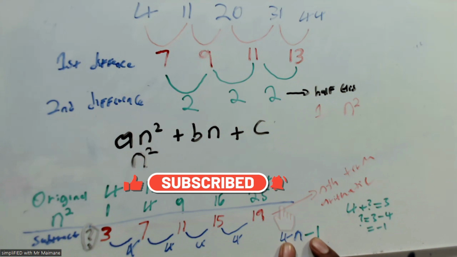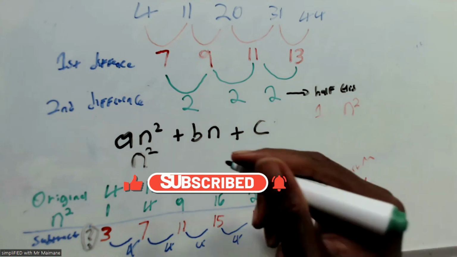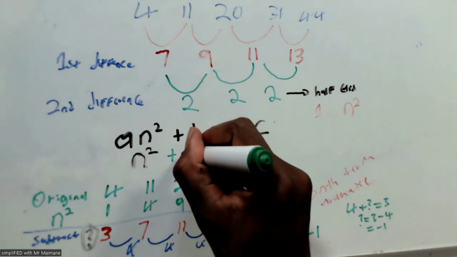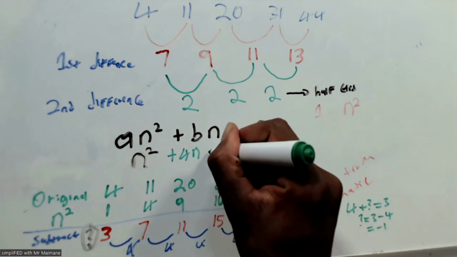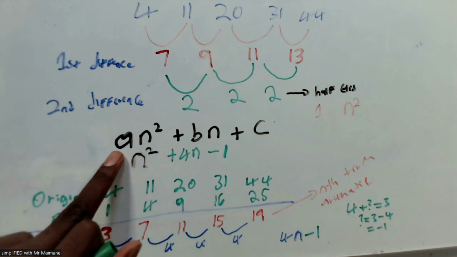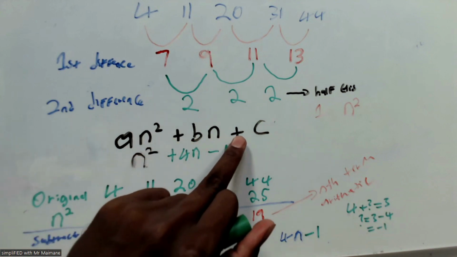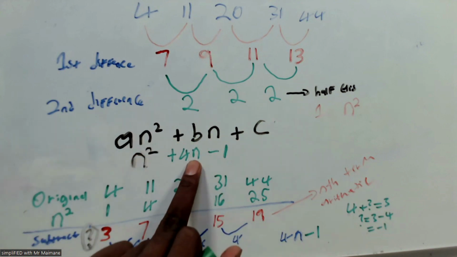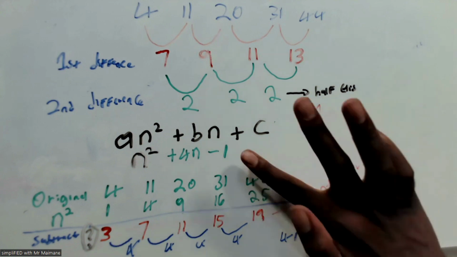So this nth term, now that 4n minus 1, you just go there, you plug it, and then it's 4n minus 1. So now you have the value for a n squared plus bx plus c. This is n squared plus 4n. Let me just write it with the same color.